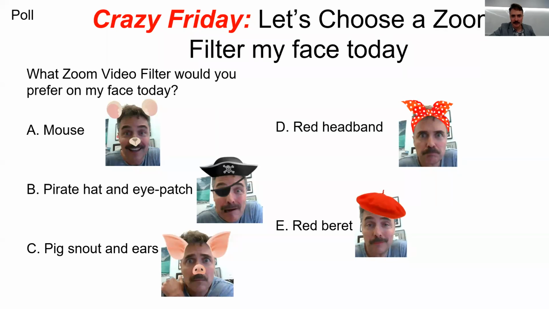Just give me another 5 seconds. Okay, you got your vote in. Let's see what the winner is. Mouse. Okay, I don't think we've done that before, so that's a good one. Let me find that filter, under video, filter. Where's mouse? There it is. Ada the mouse. I don't know what that means exactly.